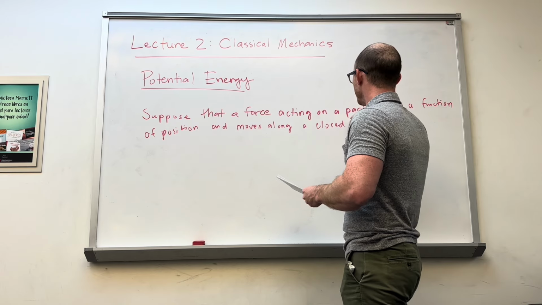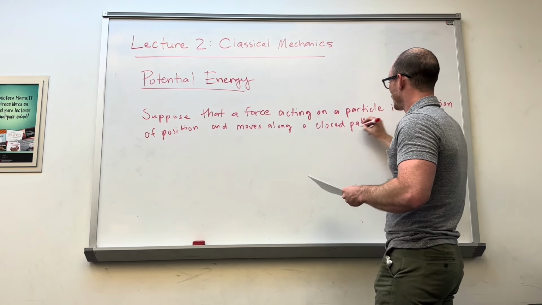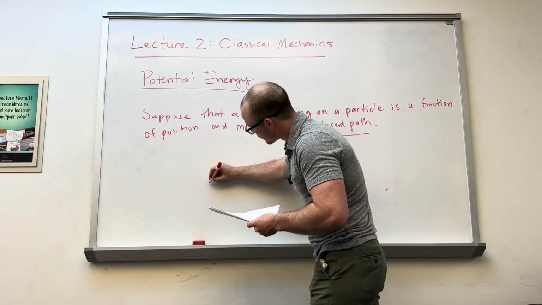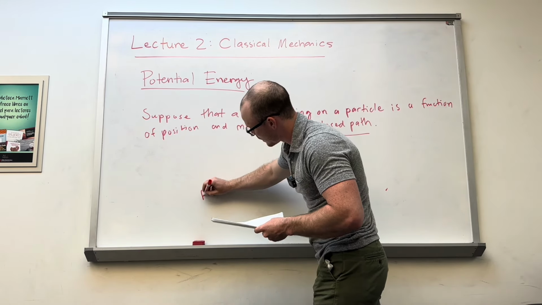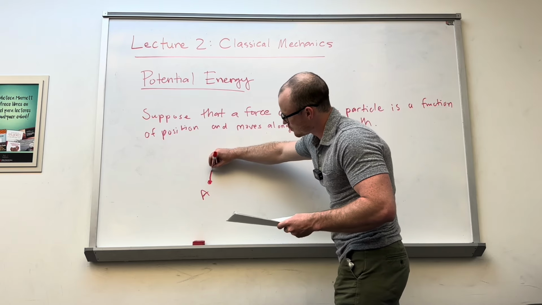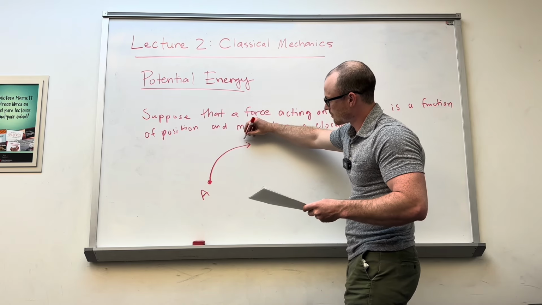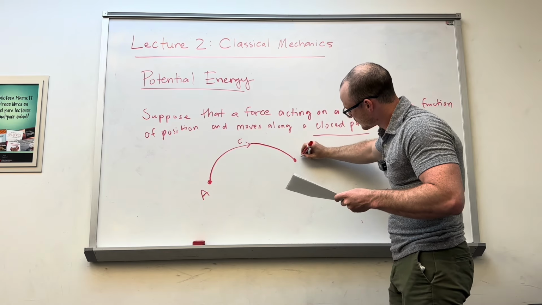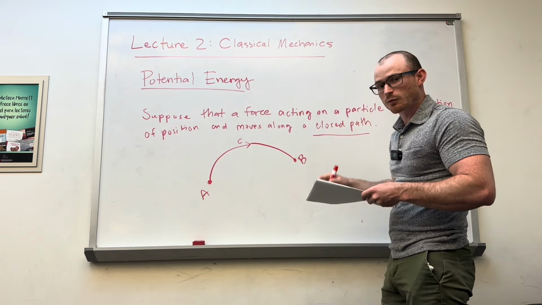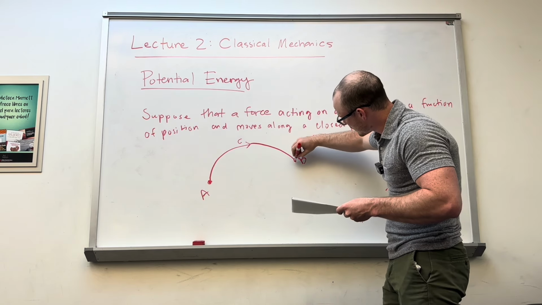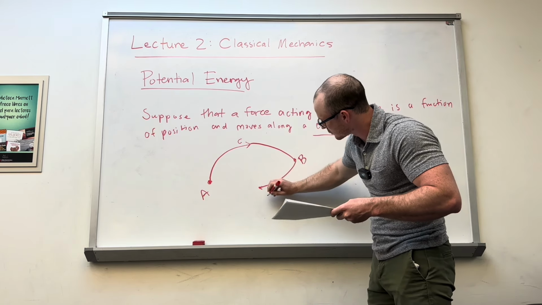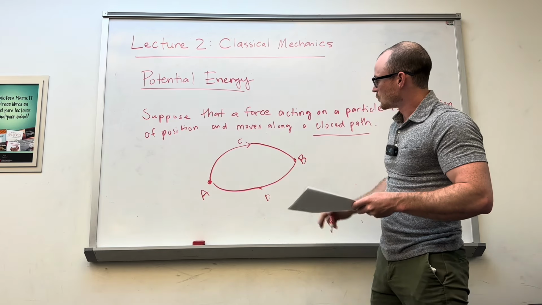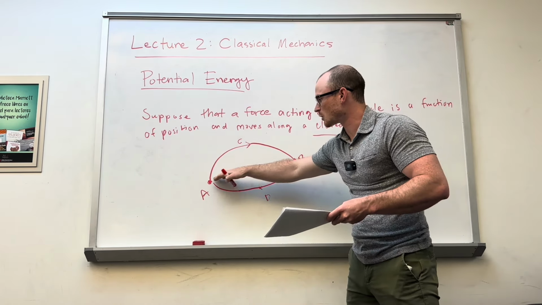Now, what is a closed path? Well, we can draw a closed path like this. Suppose our point starts at some point A, and it begins to move through space through some point C to another point B. Now, for the path to be closed, from B, it has to move back through some arbitrary point D all the way to A. So you can see this is a closed path because we're starting and ending in the same place.